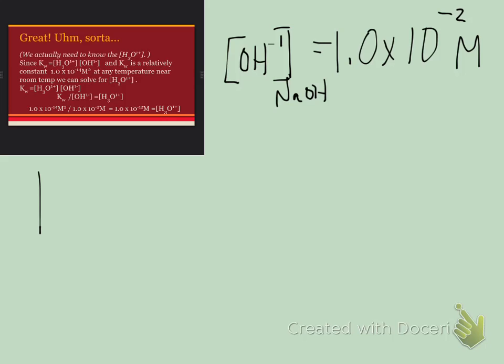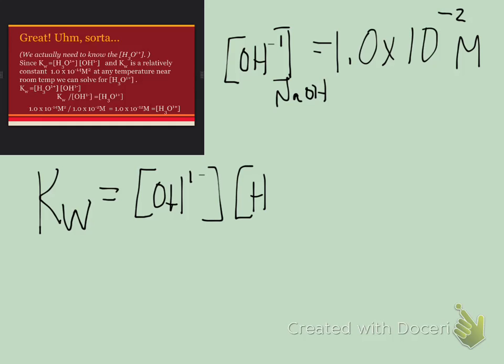And do you remember what Kw is? Kw is the ionization constant of water. Kw's value is 1.0 times 10 to the negative 14th, because Kw is equal to the concentration of hydronium and hydroxide ions multiplied together.